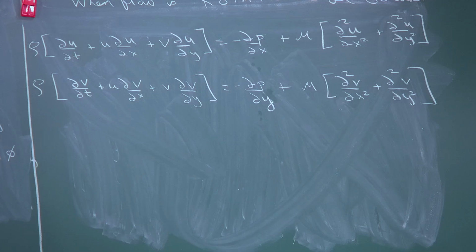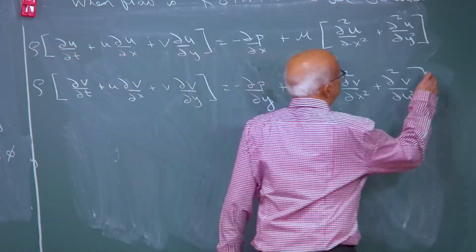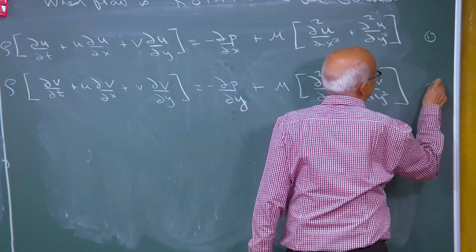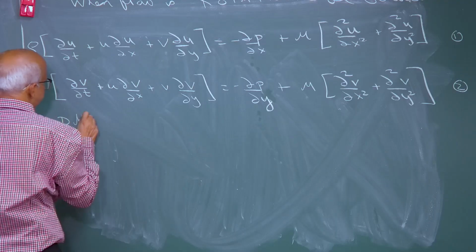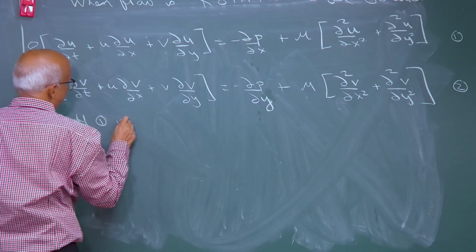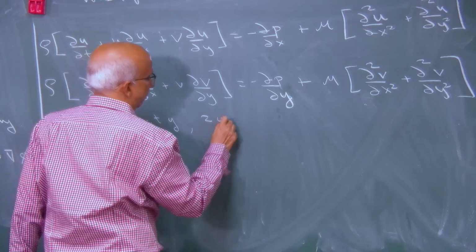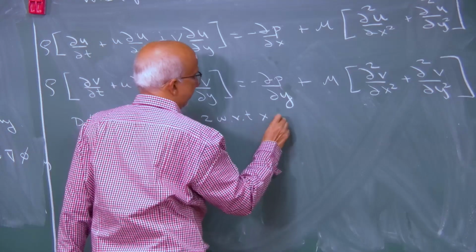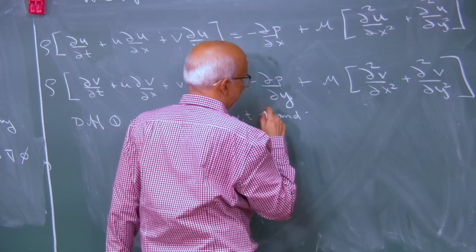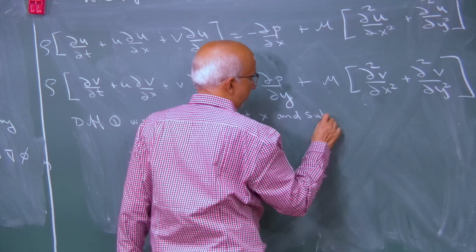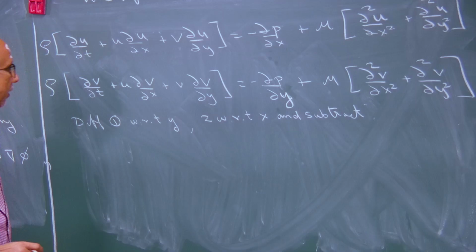Okay. So, I need to start putting equation numbers 1 and 2, differentiate 1 with respect to y, 2 with respect to x, and I will do a subtraction later, or maybe I can do it right now. Okay.